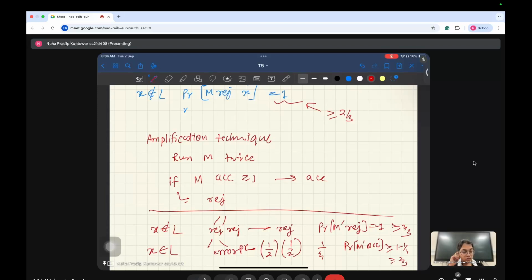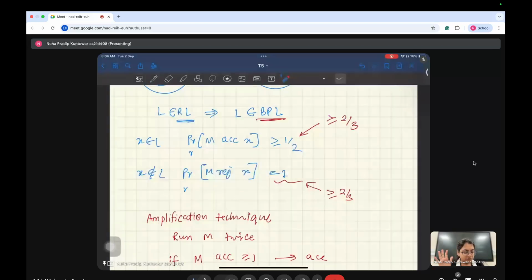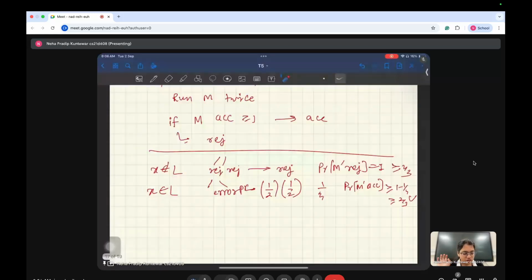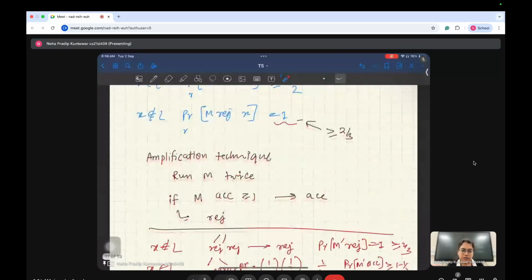This amplification is only needed to boost the half to 2/3. The other part remains unchanged. So that shows the first part, that RL is contained in BPL.